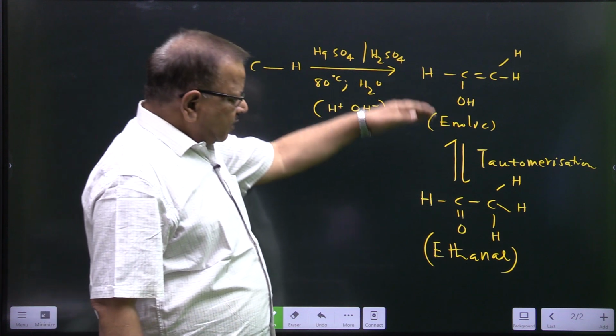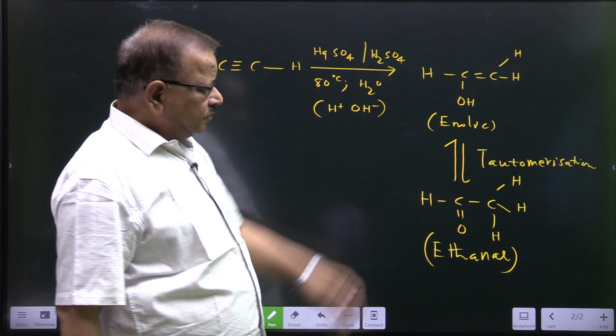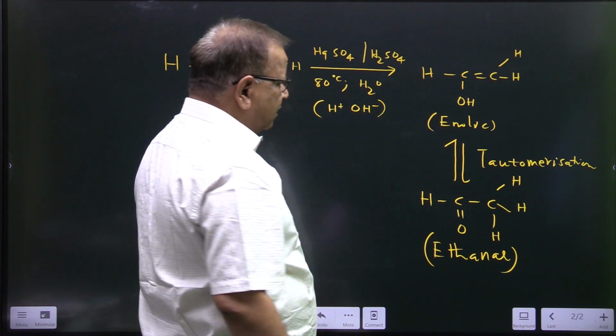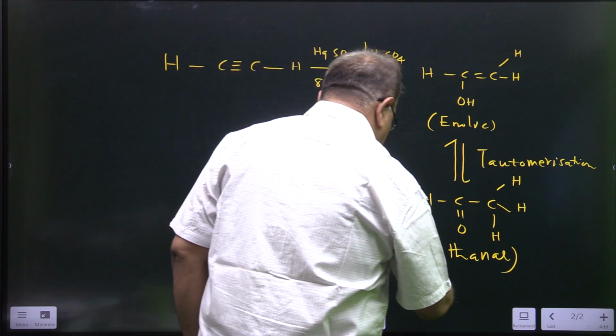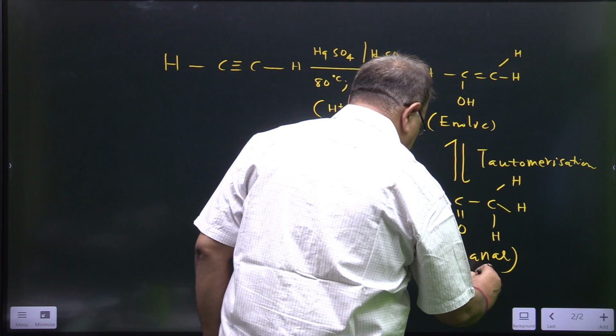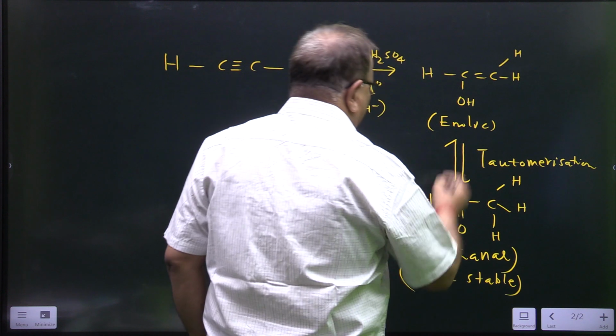Tautomerism is a kind of rapid and reversible exchange between the keto form and the enol form. It is the enol form, it is the keto form. The keto form is more stable than the enol form, and the enol form is less stable.